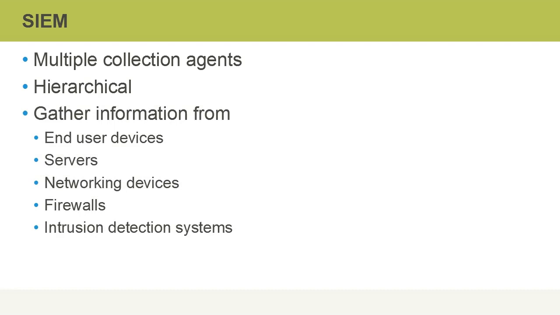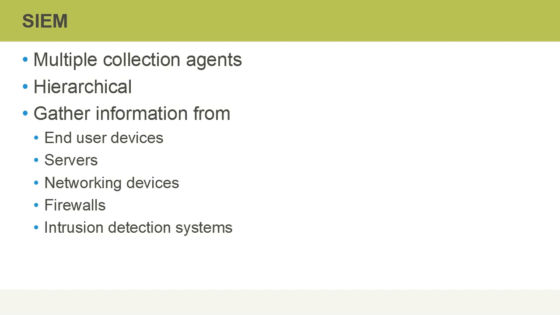So we can gather information from many locations, like end-user devices. Naturally, that would include log files for things like operating systems on smartphones and laptops, but also even events that occurred, like when a user plugged in a USB thumb drive on a laptop. That would be gathered by a SIEM agent and sent back to the SIEM appliance, and it will be dealt with from there.